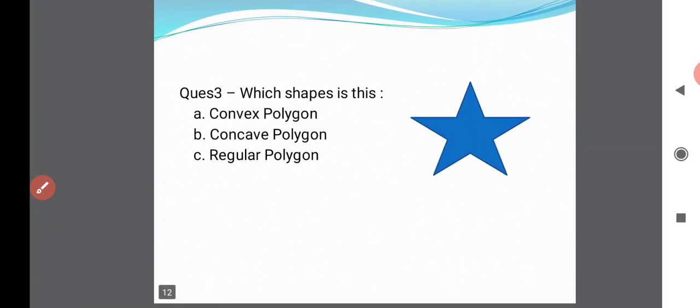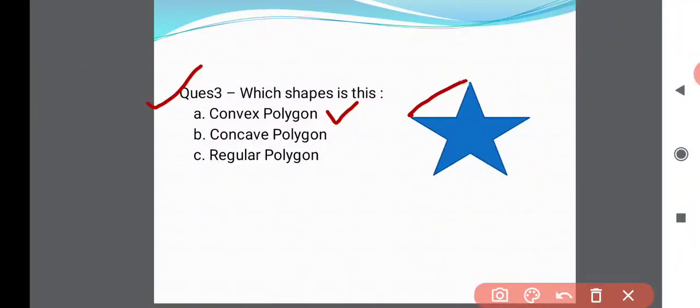Let's see one more question. Question number 3. Which shape is this? Star, but in the options we don't have a star. Options are convex, concave or regular polygon. Now convex polygon meant each angle measures less than 180 and also the diagonals are in the interior. Now if I join two vertices of this star, I'll see this line is actually in the exterior.